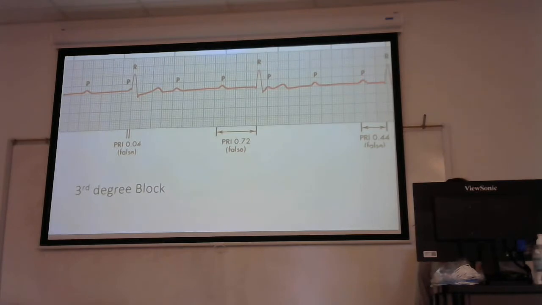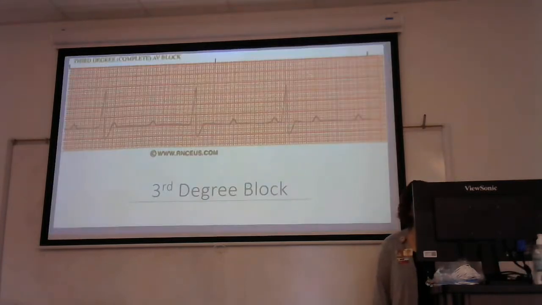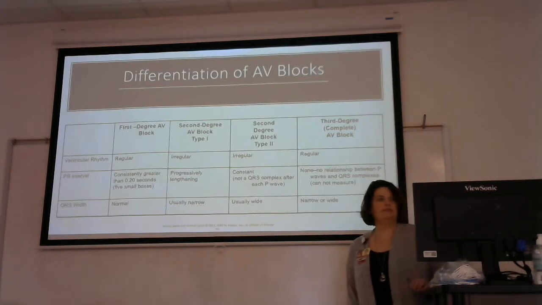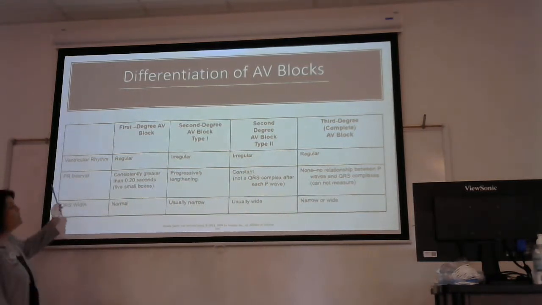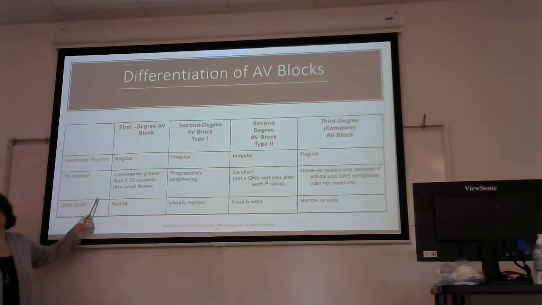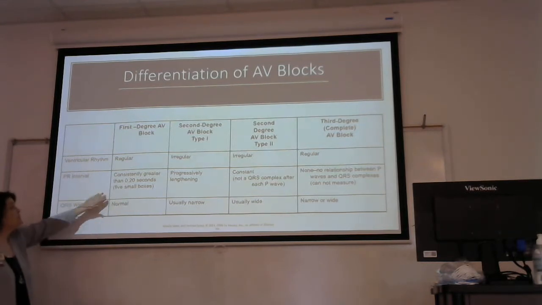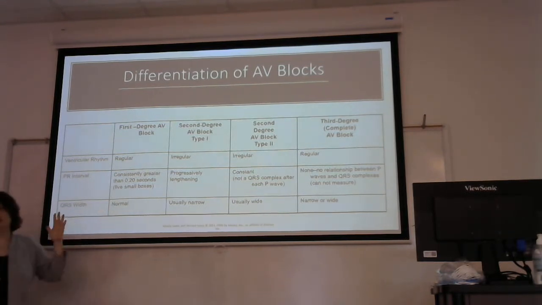So, those are your blocks, and what I always like to tell people, this chart is gonna help you. You always wanna go to your PR interval with your blocks, okay? Because think about it, 1st degree, it's just longer than what it should be. 2nd degree type 1, your PR interval gets longer and longer and longer until it drops and the pattern starts over again.